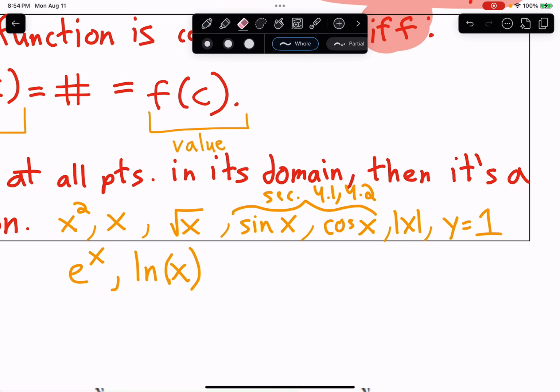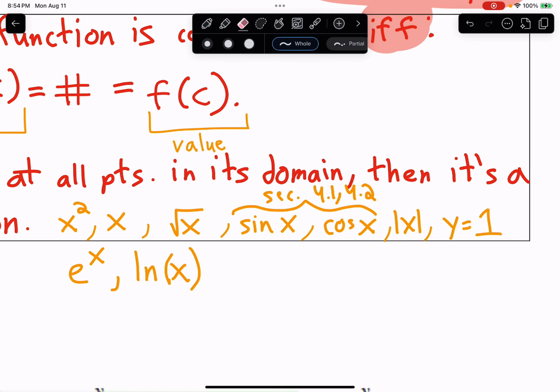So things like y equals x squared, y equals x, y equals root x. And now you might be looking at something like root x and going, hey, you can't plug negative numbers into root x, right? Well, remember, the domain of the square root function is bracket 0 to infinity. So within that domain, this is a continuous function, okay?